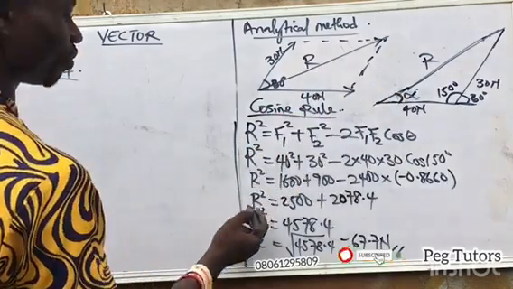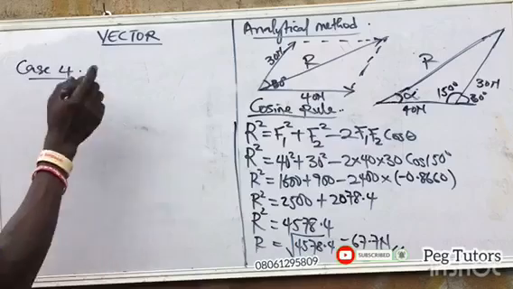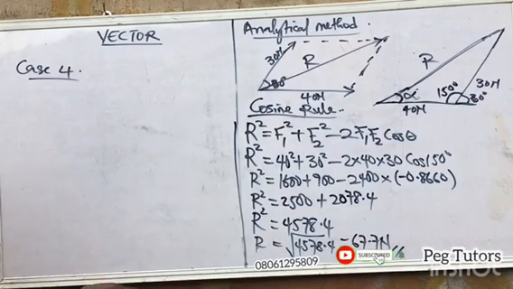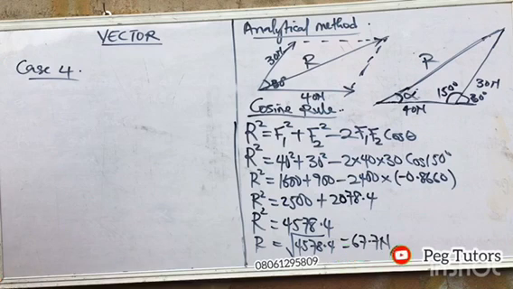Next, we find our direction. Remember, if we find the resultant first, we must also find the direction. Our direction cannot be gotten using normal trig ratio, but we can get it using sine rule.